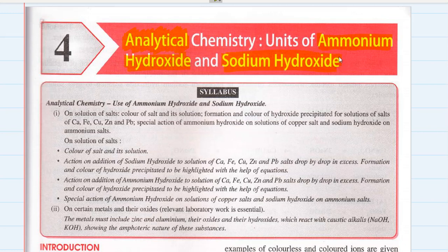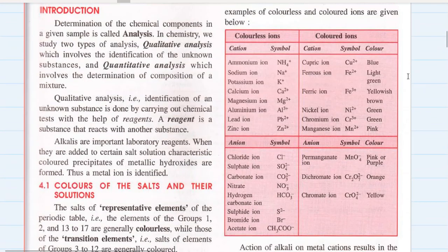So using these two reagents, we analyze certain substances. So what exactly analysis means? In this chapter, the determination of chemical components in a given sample is the analysis.